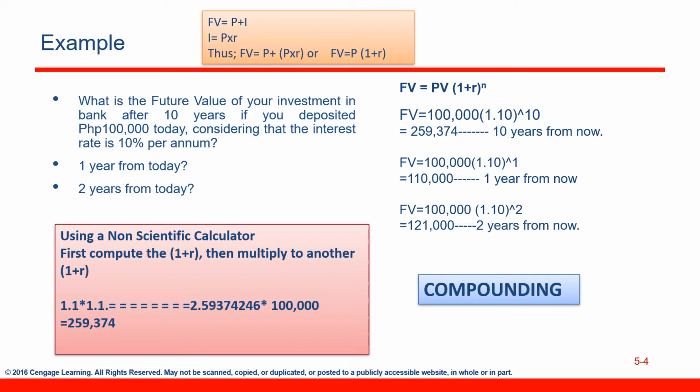But we will assume only here that the interest rate is 10% per annum and you deposited 100,000 in the bank and you want to wait for 10 years. How much is the future value of your 100,000?